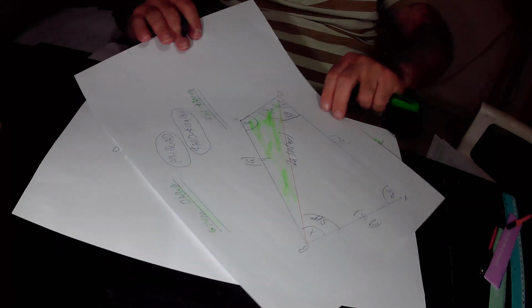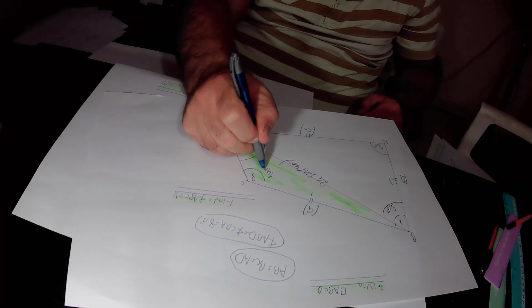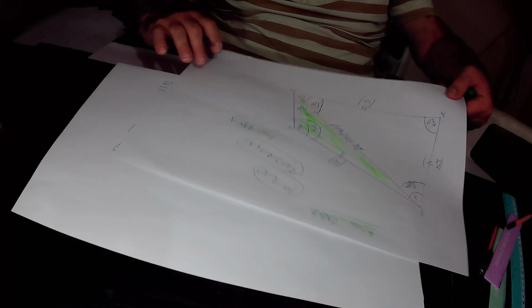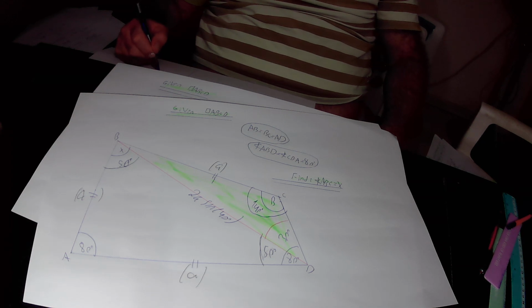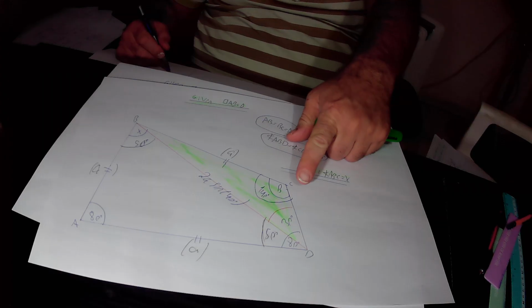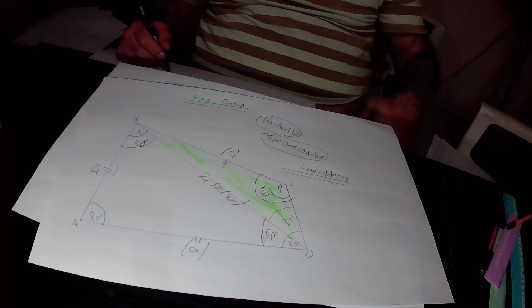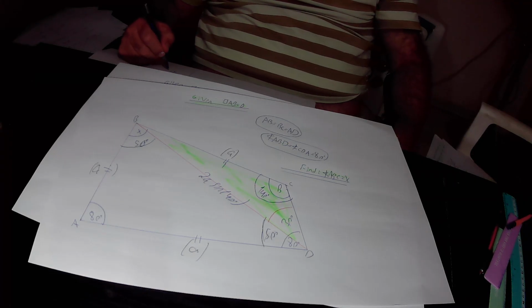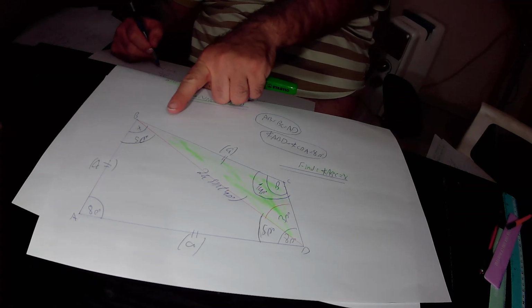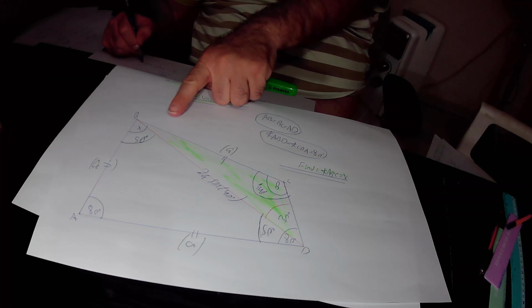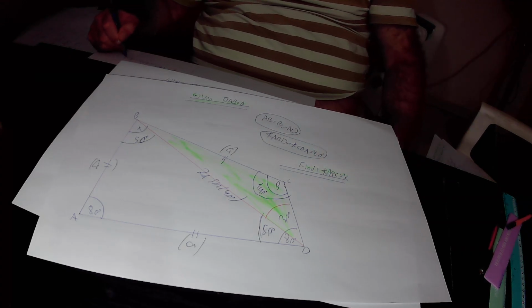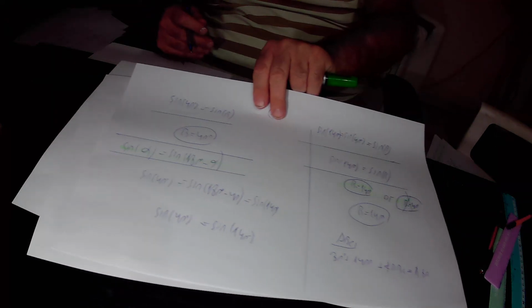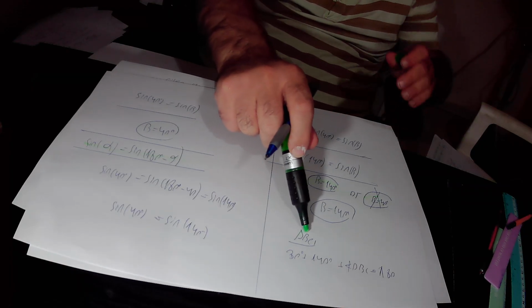Beta equals 140 degrees in size. In the green triangle DBC, the sum of the angles must be equal to 180 degrees.